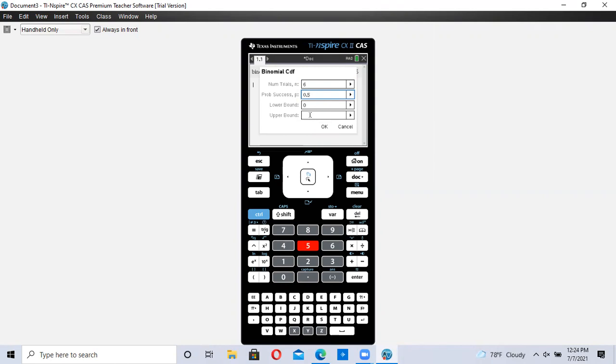And at most, we want 4 correct. I hit OK. There's the probability of getting at most 4 correct, 0.8906.